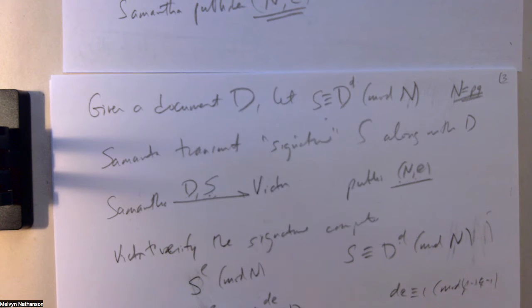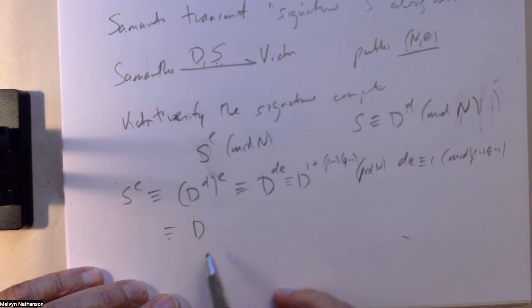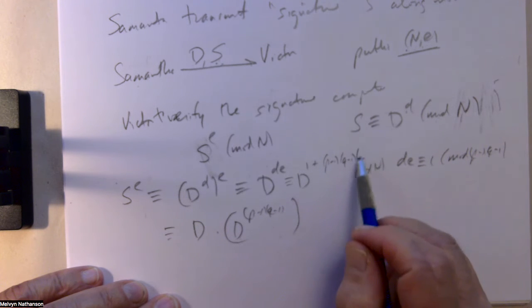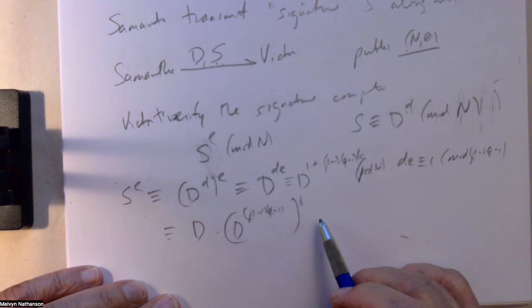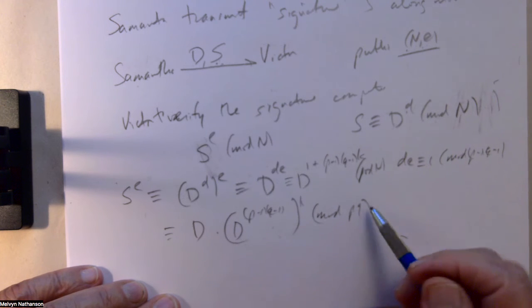So this is D to 1 plus some multiple of P minus 1, Q minus 1 mod N. This is D times D to the P minus 1, Q minus 1 to some k, let's say, mod N, which is PQ.